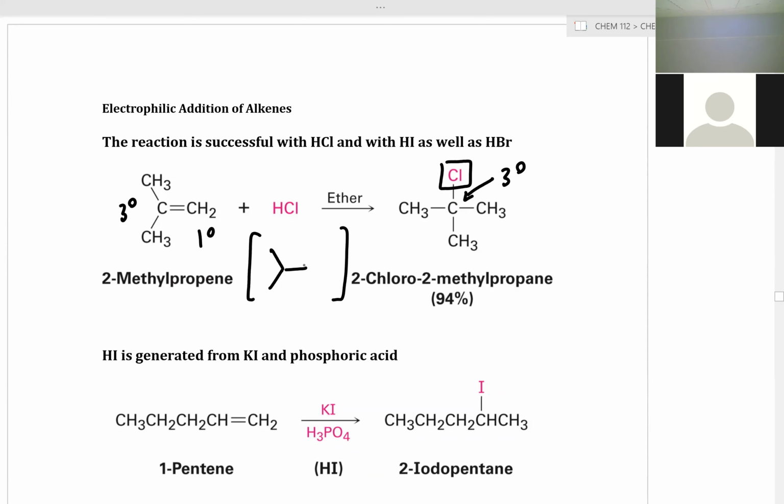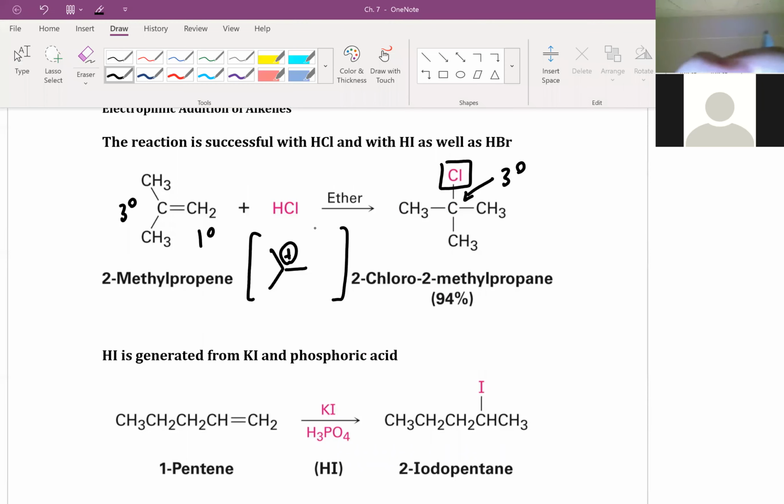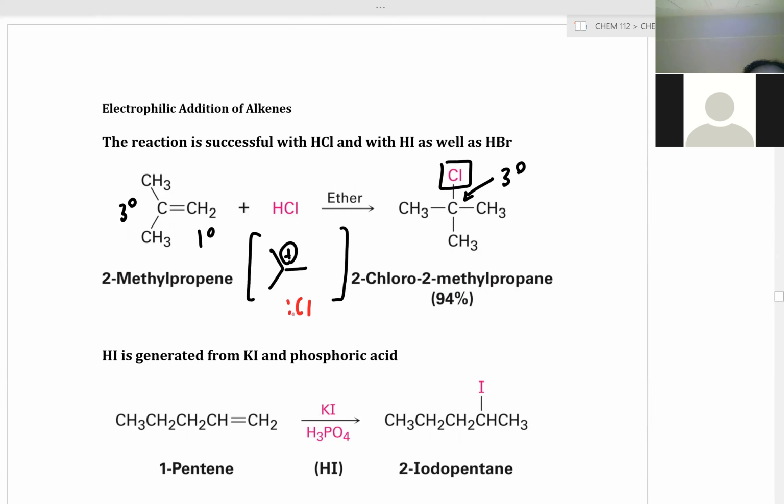Primary or tertiary? Tertiary, exactly right. And that's how our halogen is adding to that carbon. Okay, so interesting observation. We notice a strong preference for the tertiary species.